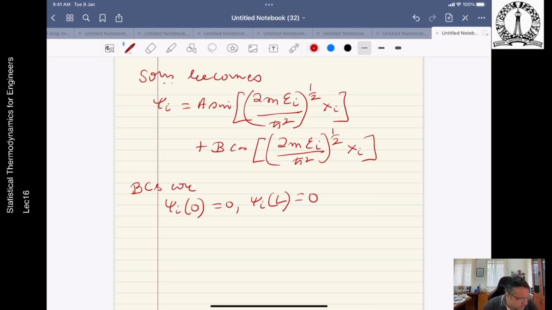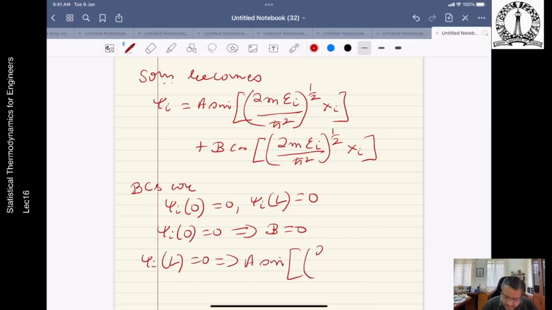Those are the two extremes. So psi_i equal to 0 at x_i equal to 0 leads to B equal to 0, because the sine term becomes 0 and the cosine term becomes 1. And psi_i(L) equal to 0 leads to A sine of the square root of 2m E_i over h bar squared times L equal to 0.